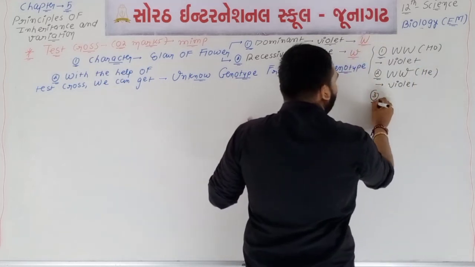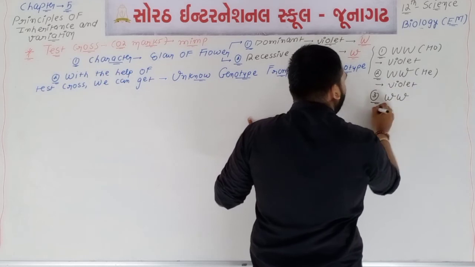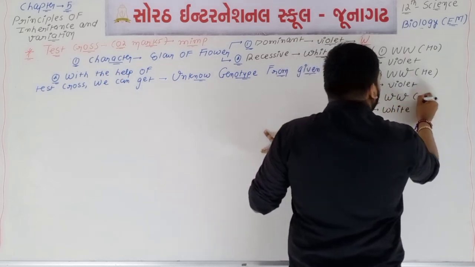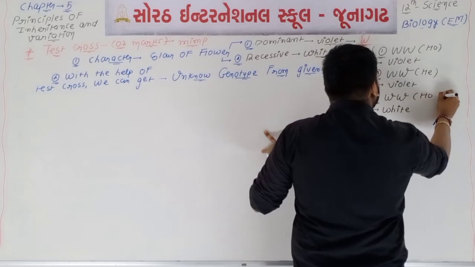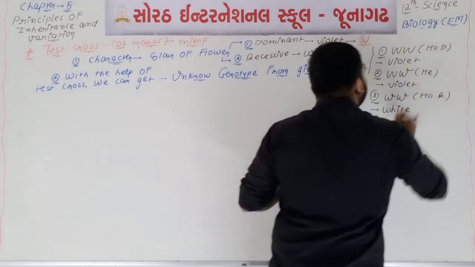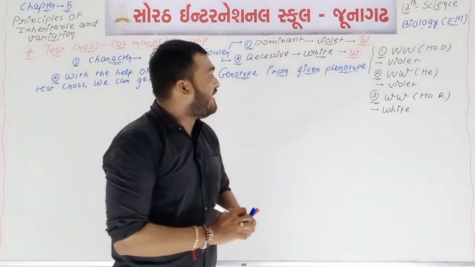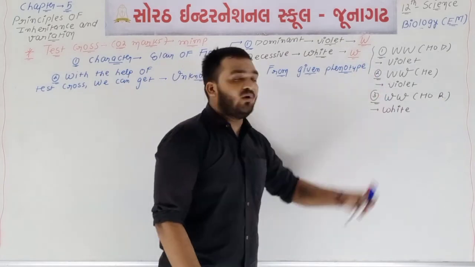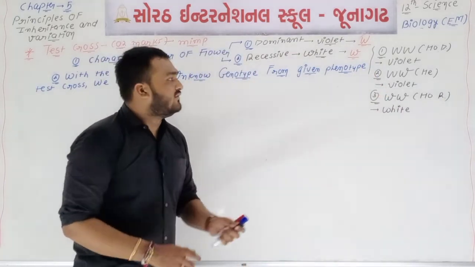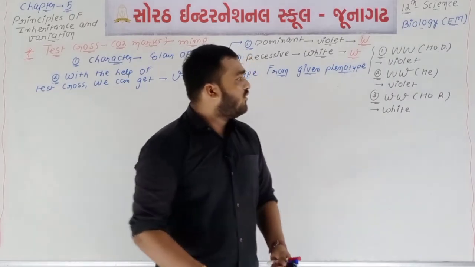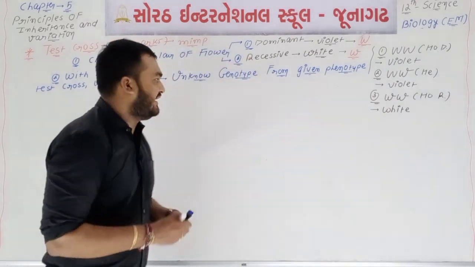And third one, if we write small w small w, then this type of plant will be a white plant. It is also homozygous, but homozygous recessive, and the first one is homozygous dominant. So the phenotype violet has two different types of genotype: the first is homozygous, the second is heterozygous.